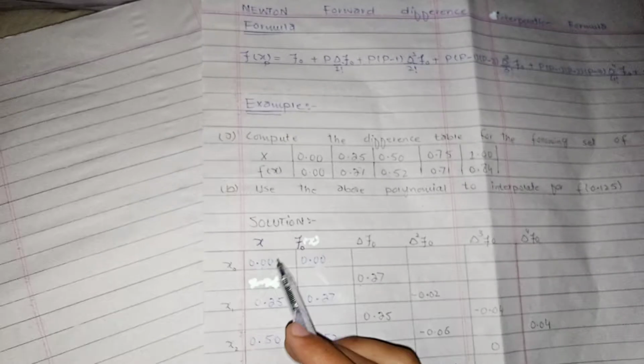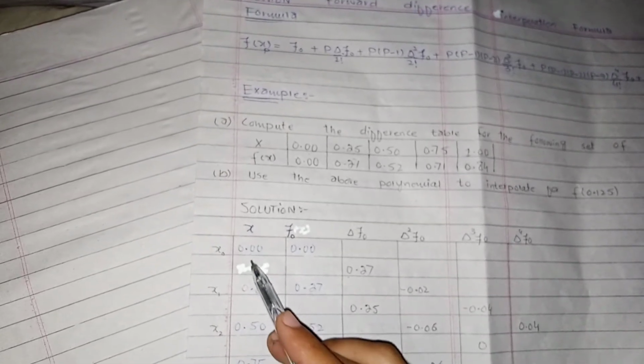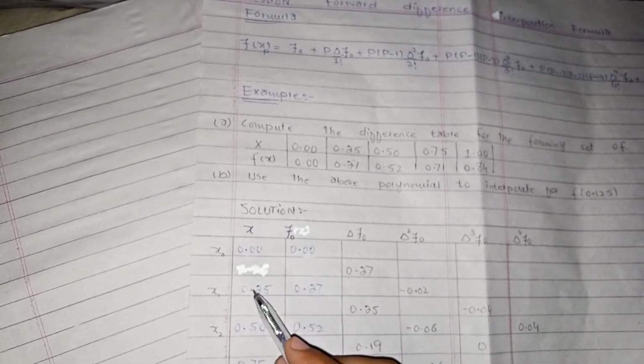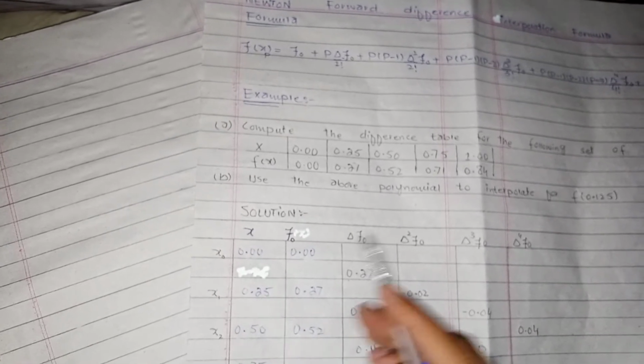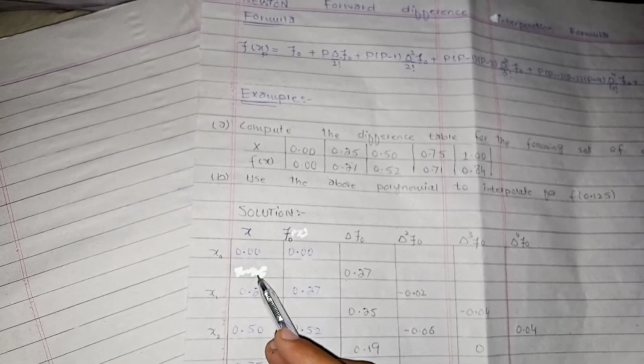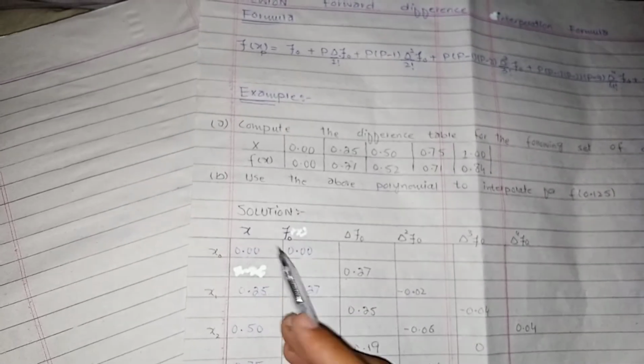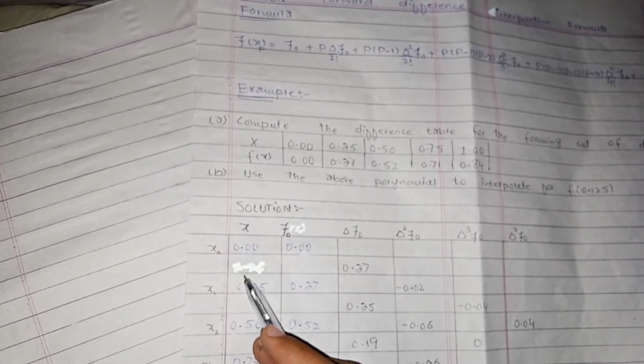Then I'll check for all these values. First we will check for this one, and the second we will check for this one, so as to get the value of phi between 0 and 1. We will consider x naught first this, and then we will consider x naught this.